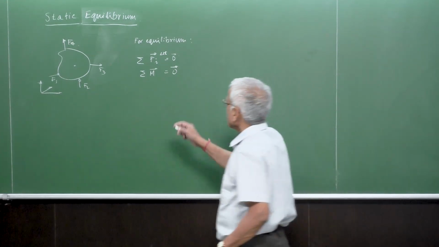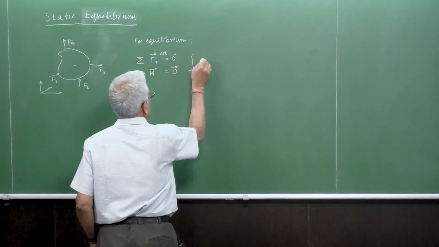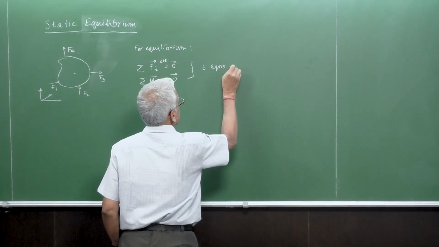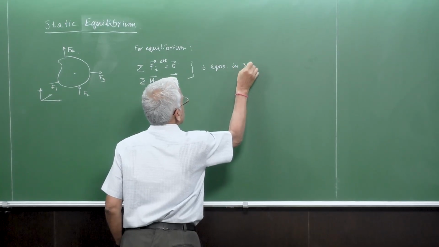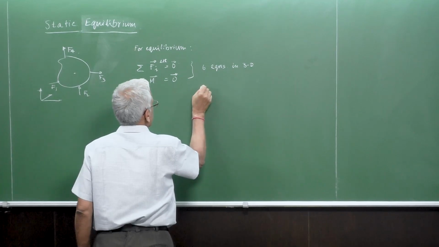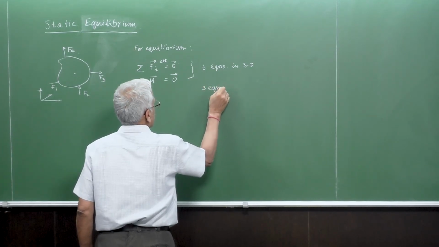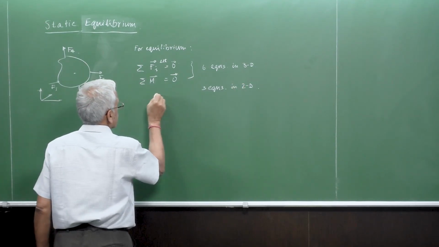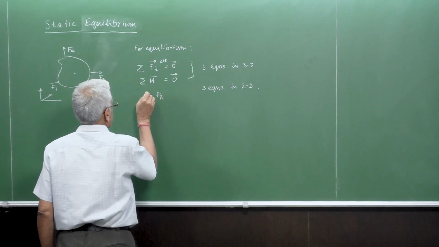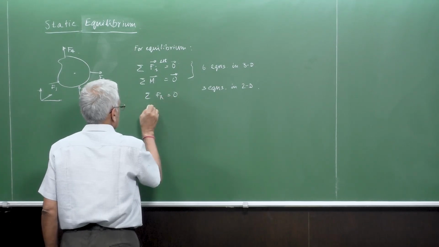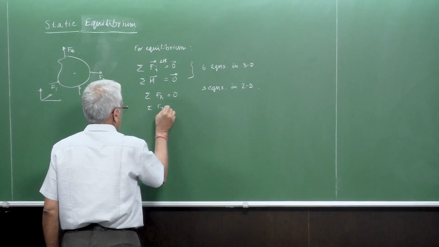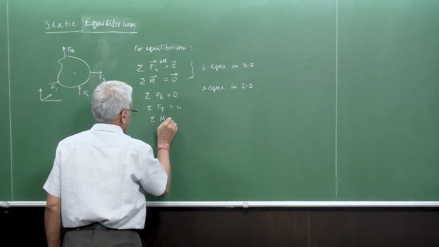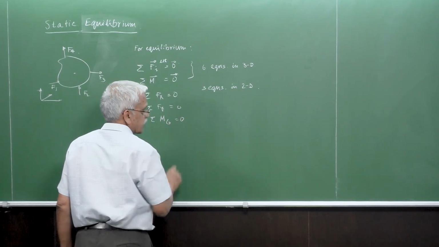So this is 6 scalar equations in 3D, and then it will be 3 equations in 2D: sigma Fx is 0, sigma Fy is 0, and moment about some point, we said mg to start with, you remember.